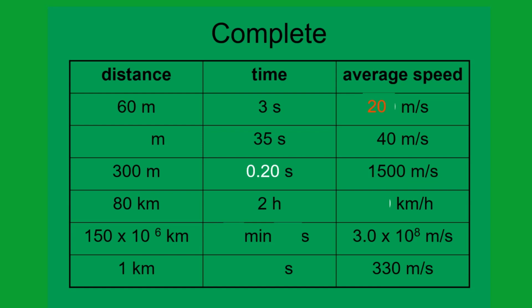Then second case, number 2. Here time and average speed are given, but we have to find the distance. We know distance equals speed times time. So 40 meters per second times 35 seconds, 1400 meters. Remember, it is 1400 meters.